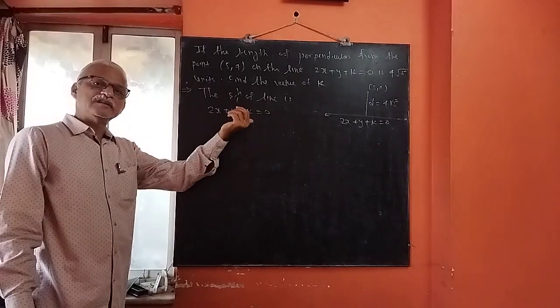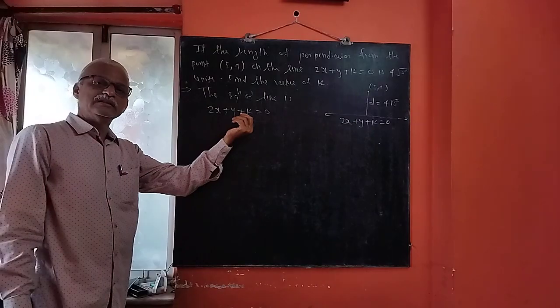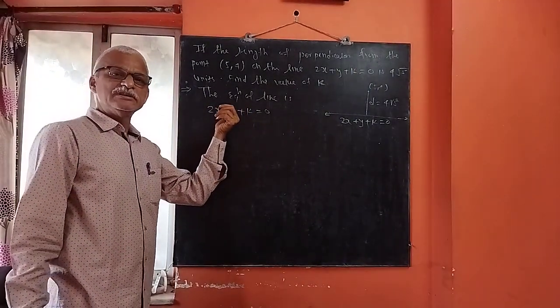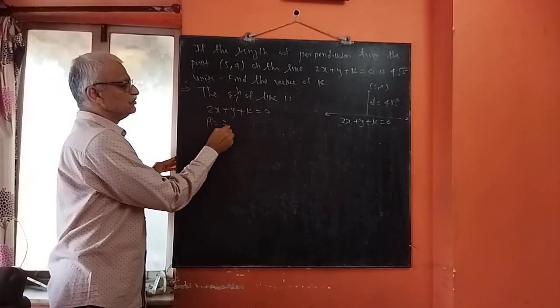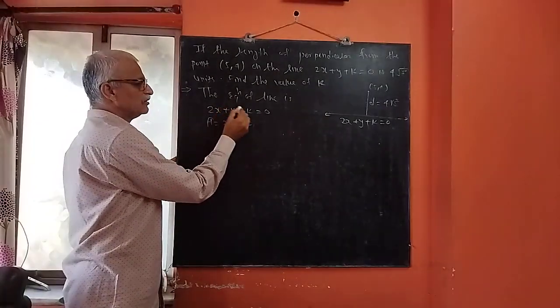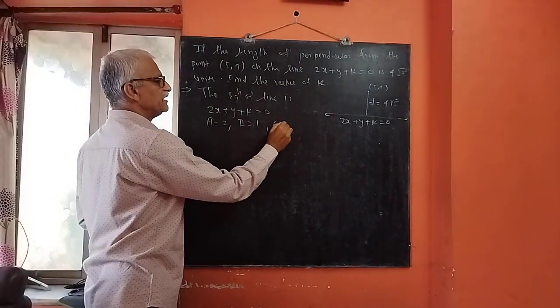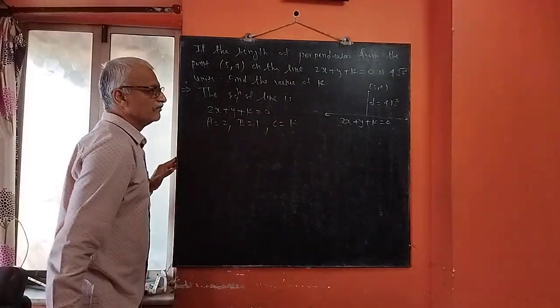Comparing this equation with the general equation ax plus by plus c equals to 0, we get a equals to 2, b equals to 1, and c is the constant term, that is k.